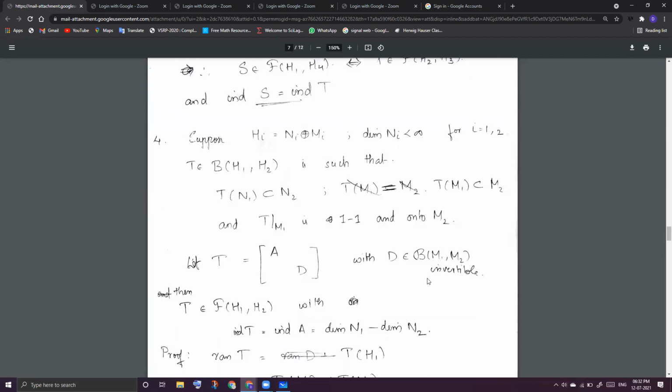So what I'm saying is, in this case, T will be Fredholm, and index of T is going to be the same as index of A, which is, since A is from a finite dimensional space to a finite dimensional space, which are finite dimensional closed subspaces, we will have that it is equal to index of A from the previous result.